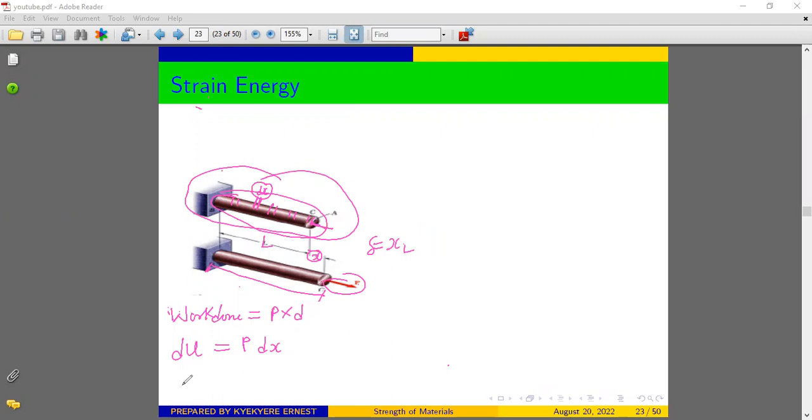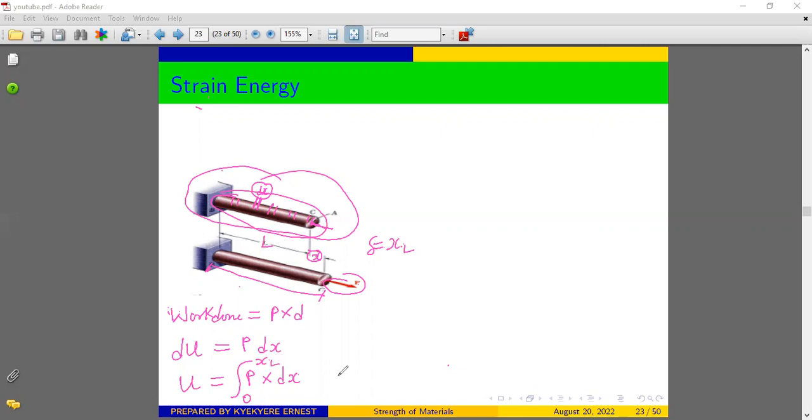Then we can say that the work done U will be equal to the integral, which is the summation of all the small sections of the force times the small distances. Because we are looking at the whole length of the material and the deformations associated with it, and the deformation is from 0 to δL, we can integrate from 0 to xL.